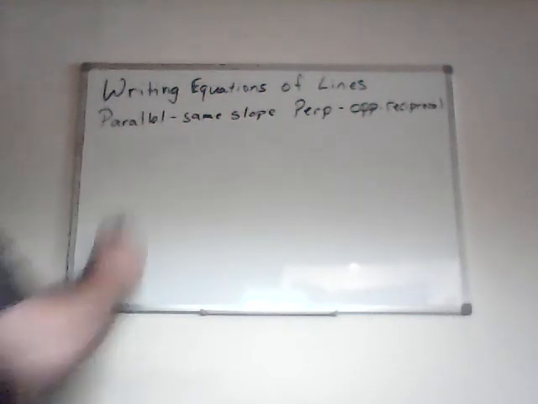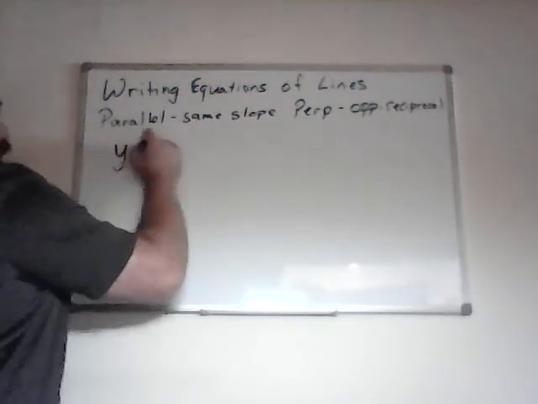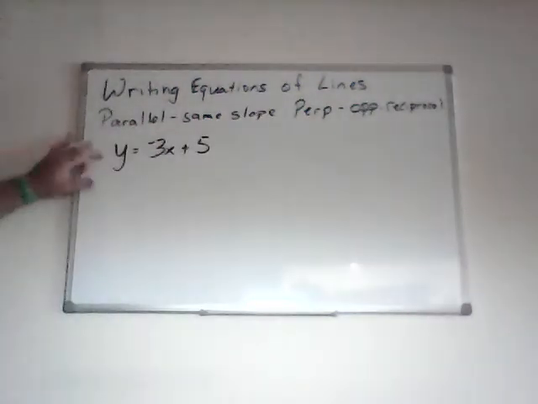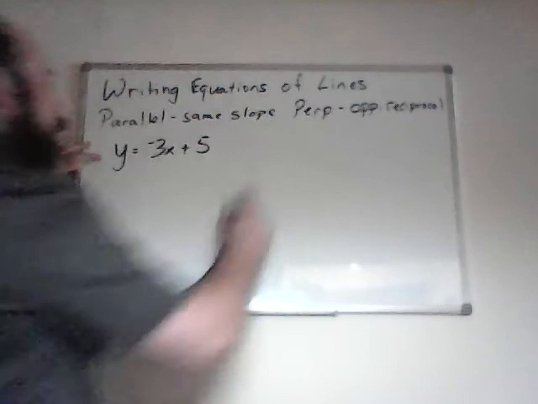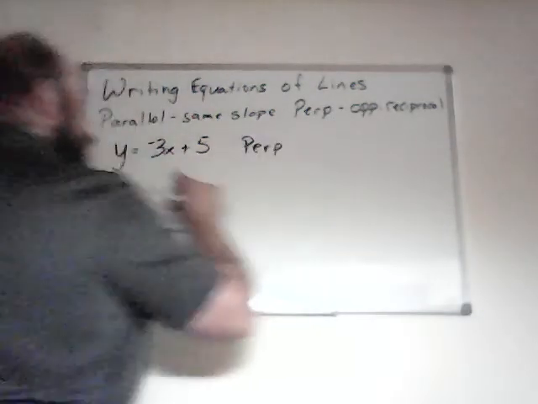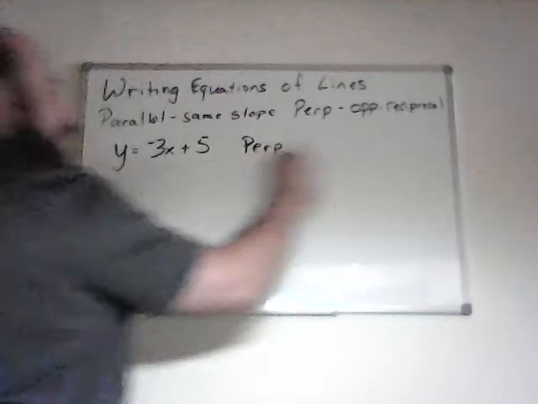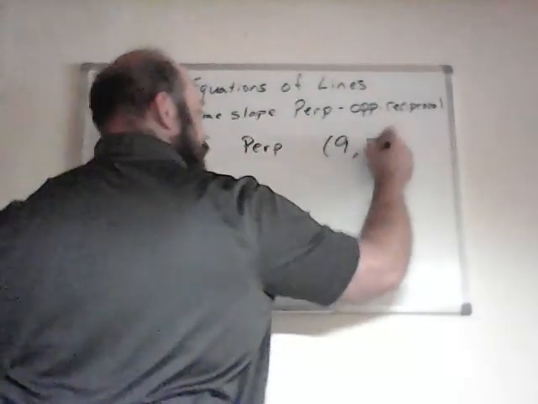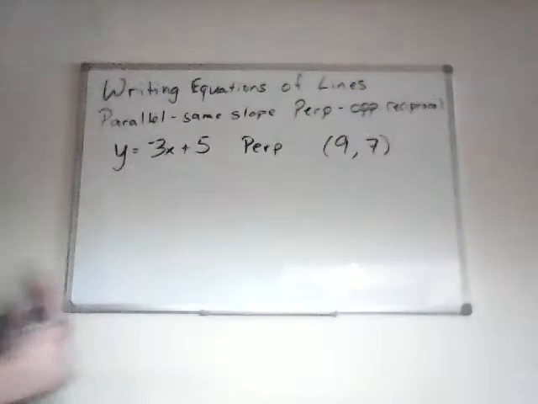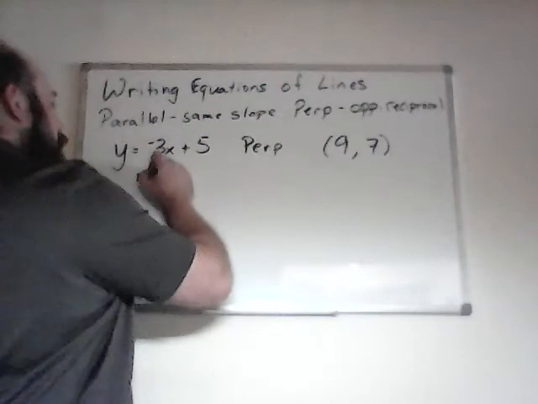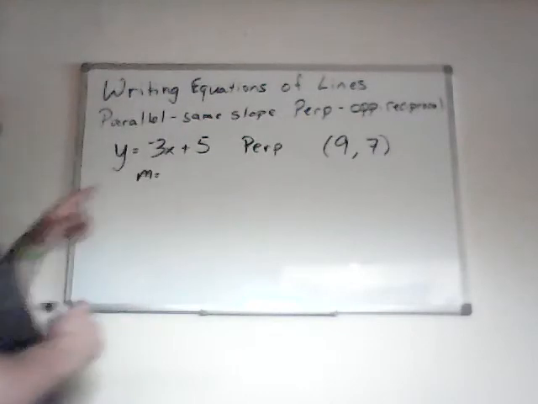So let's actually start out with an equation, y equals -3x plus 5. So this is going to be my given equation. I want to find the equation that is perpendicular to y equals -3x plus 5, passing through the point 9, 7. Okay, so if I'm going to go through the point 9, 7, I have to find out the slope of this line.